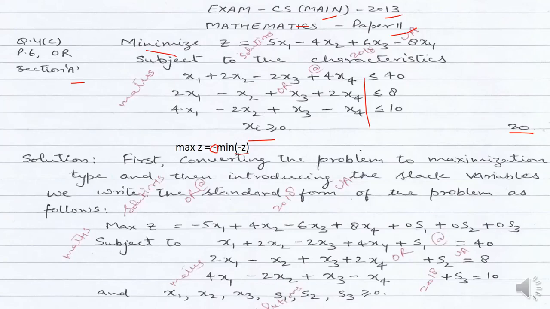So we have written this objective function after changing the sign of the variables, subject to the constraints: x1 plus 2x2 minus 2x3 plus 4x4 plus s1, the slack variable added on the left hand side, is equal to 40.